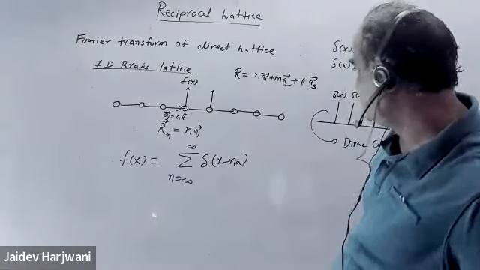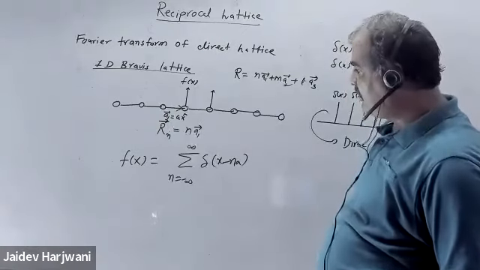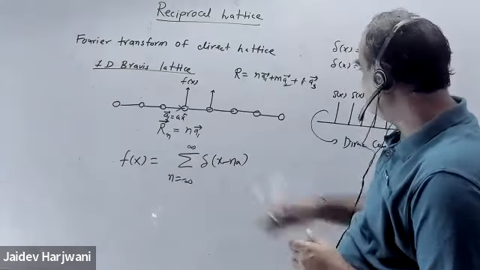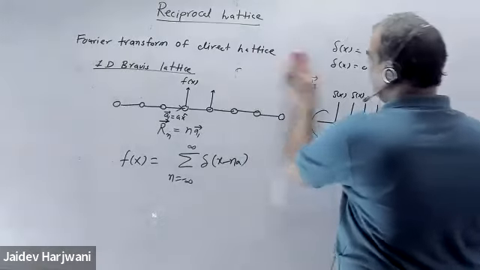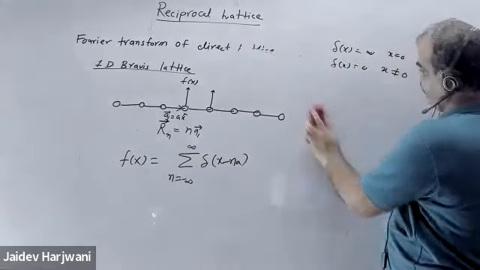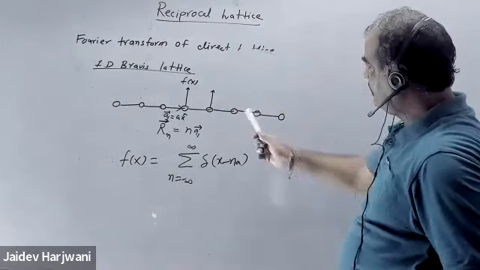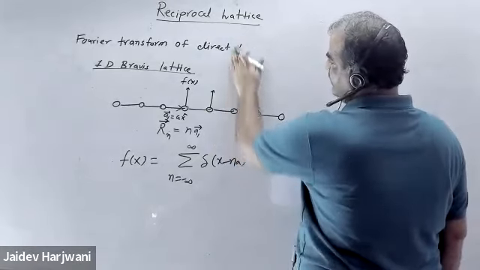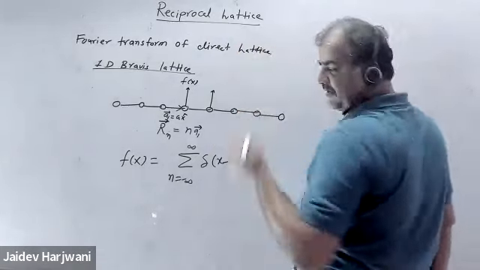Okay. So this is f(x), equal to this summation. Now if I take the Fourier transform of this function, tell me what you will get. I want to show here that the Fourier transform of a Dirac comb is again a Dirac comb.